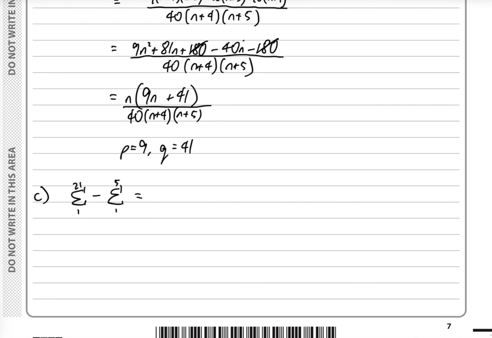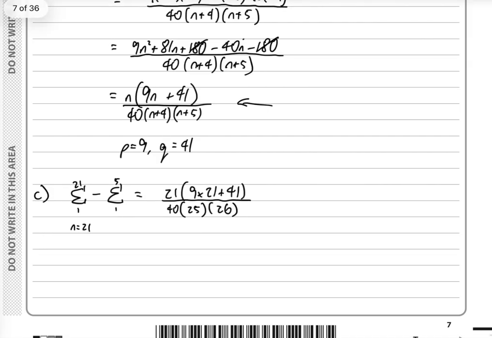And we've got what the sum is, given n, on the screen right here. So that's 21 times (9 lots of 21 plus 41), divided by 40 times (21 plus 4 is 25), 26. So I've just put n equals 21 into this expression here.